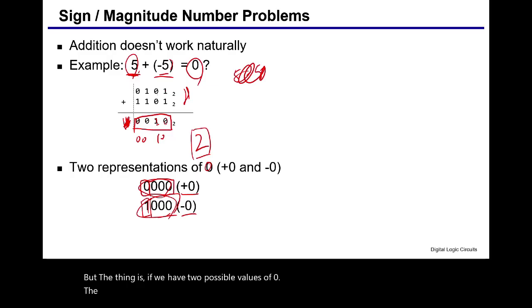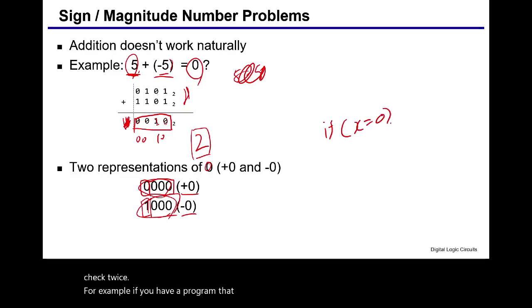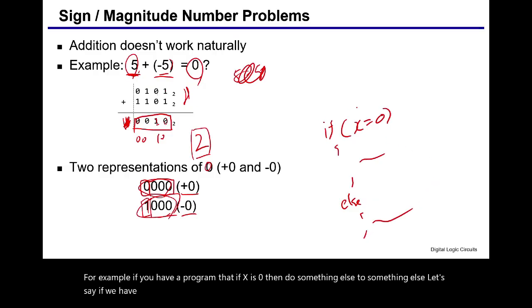But the problem is that when we want to check whether a value is 0, we have to check twice. For example, if you have a program with an if-else statement, if x is 0, then do something, else do something else.